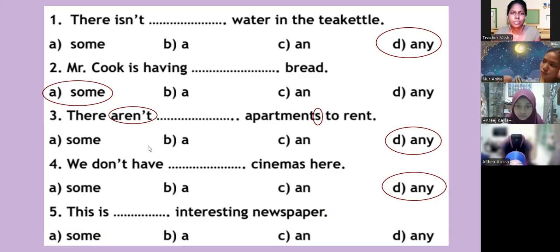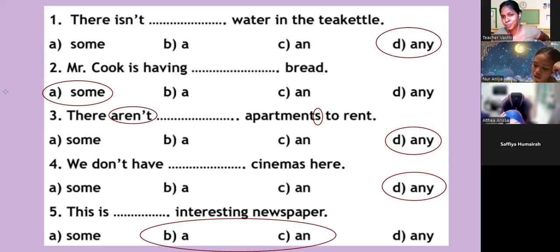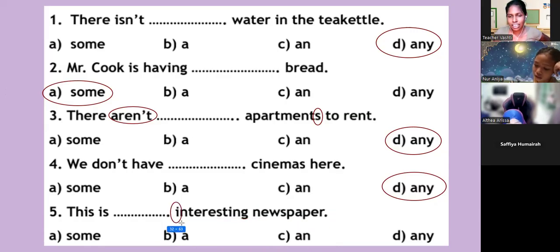So, what do you answer? This is? Pilihan B dengan C je. A atau an. Bagaimana nak pilih sekarang? Altia, dia mula dengan I. Okay, correct answer supposed to be an. Kenapa an?